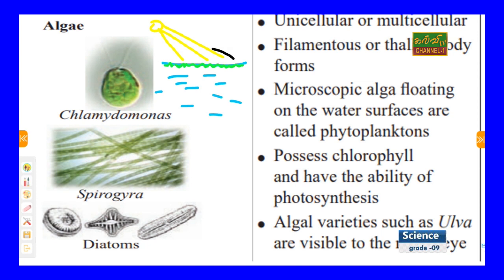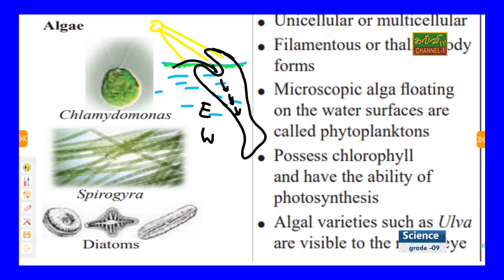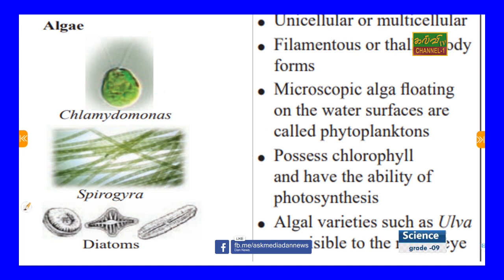When the whales come out and take in the water, at that time most of the planktons which go inside are digested and give energy to the whale, right? So blue whales also depend on the planktons, but they are microorganisms. Planktons are microorganisms giving more energy to living things.